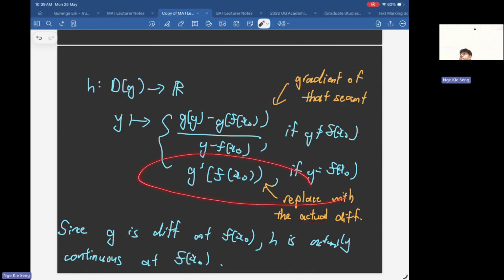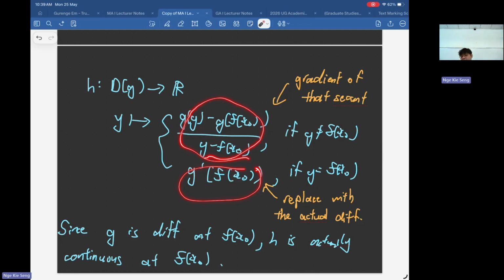Do you know what to check here? You need to check at this point, because we want continuity at f(x_0). That means the left and right limits should be the same: the limit from anywhere converging to this point is the gradient of the secant of the nearby point. So it's definitely continuous here.